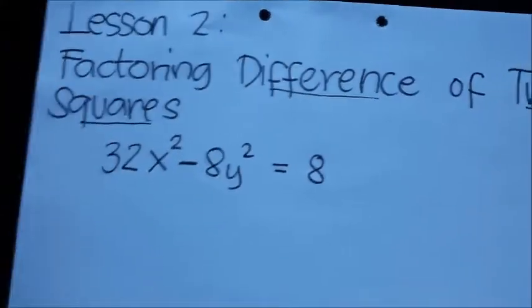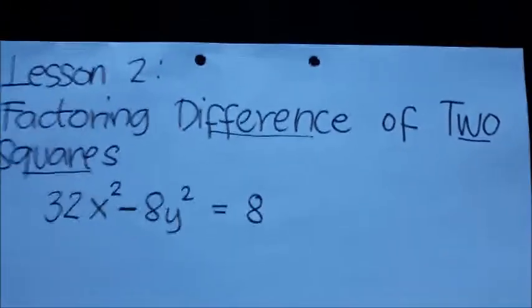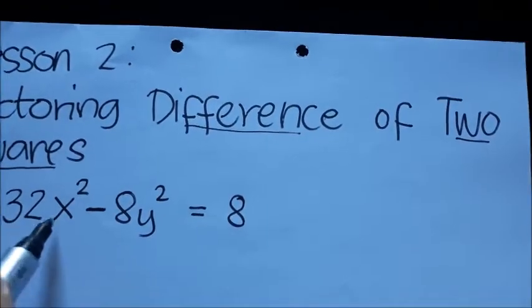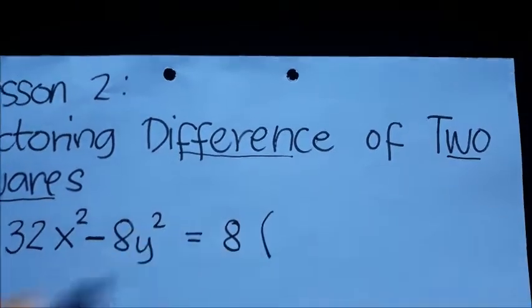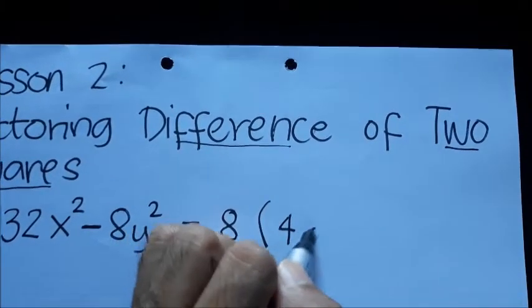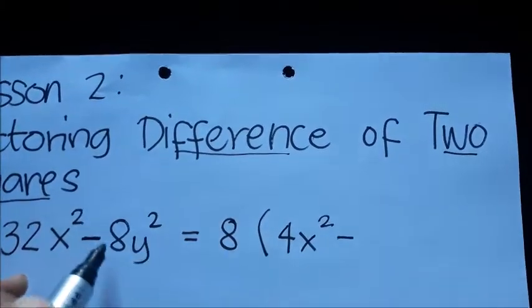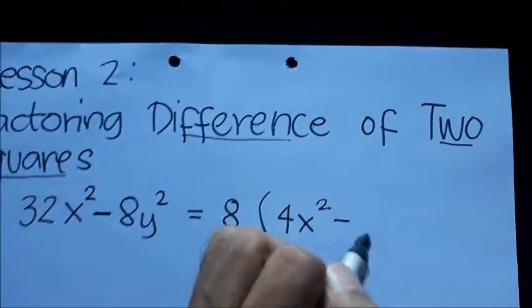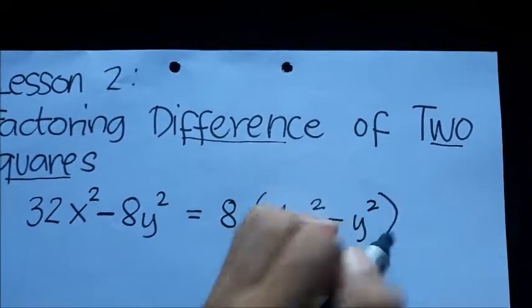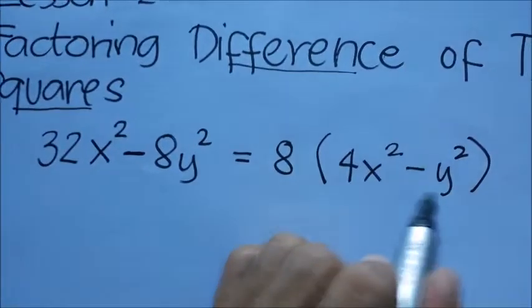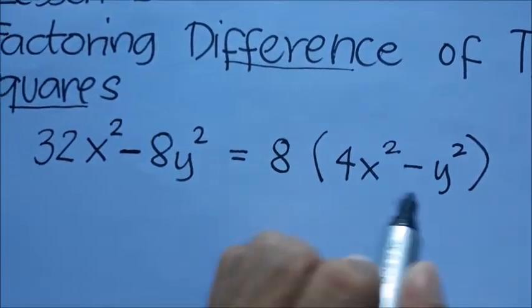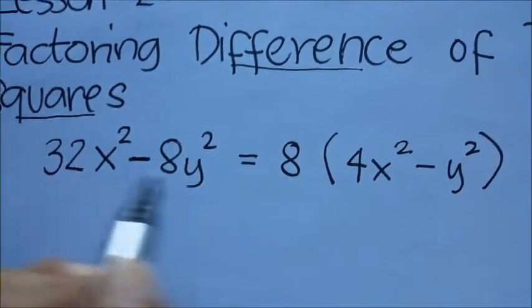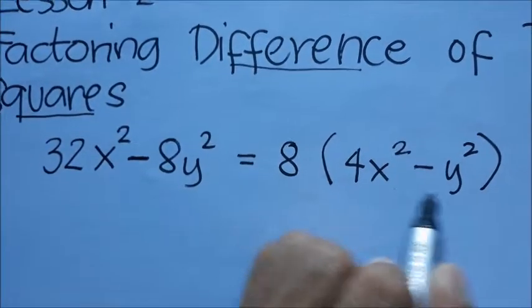Kung kukunin natin yung GCF ng 32 and 8, the answer is 8. So, 32x squared divided by 8, the answer is 4x squared. Then 8y squared divided by 8, the answer is y squared. So ayan po yung ating binomial. So this is the factored form of this one. So this is the GCF, this is the other factor.